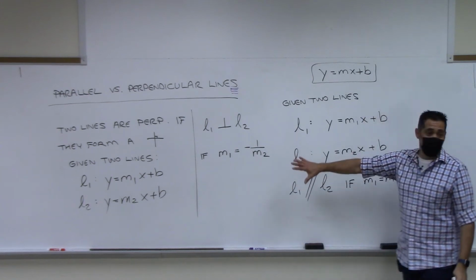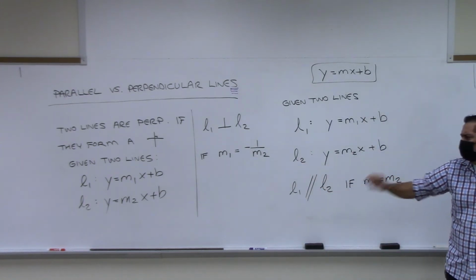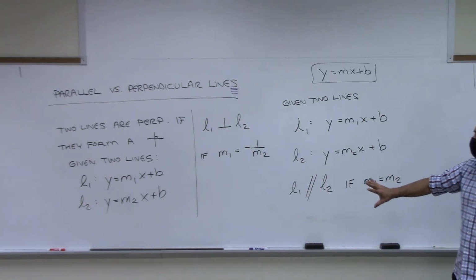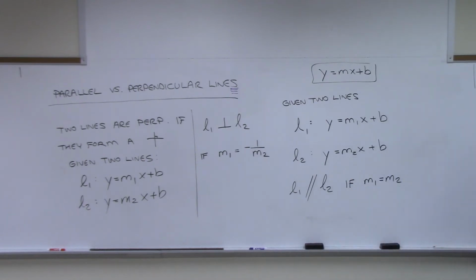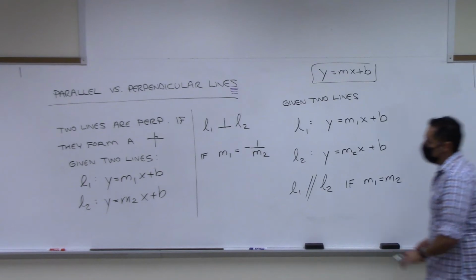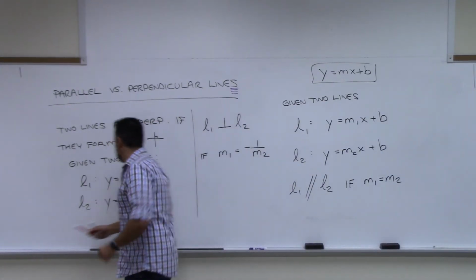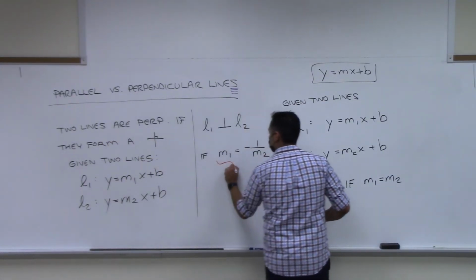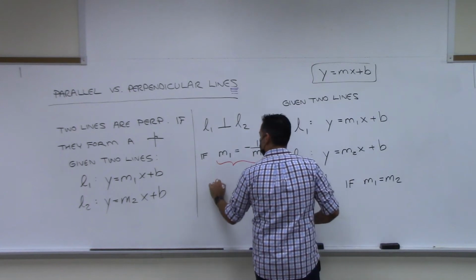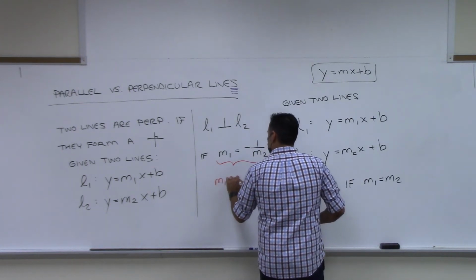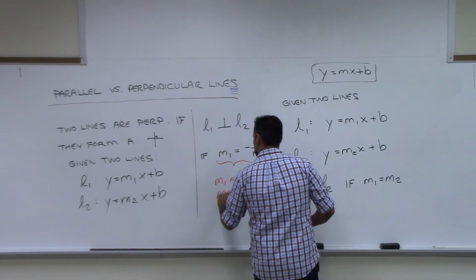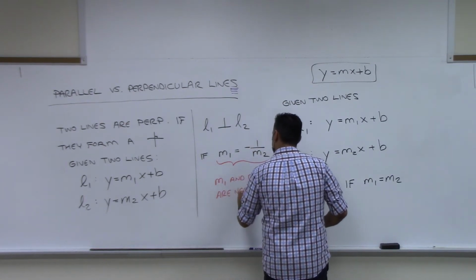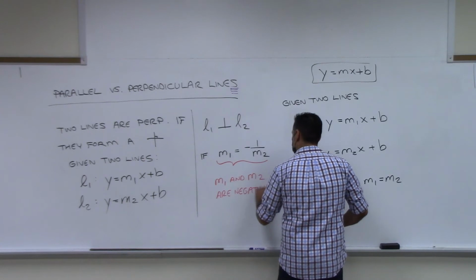Now, that's usually very confusing for students to understand. It's very simple once I explain it to you, okay? What this really means is that M1 and M2 are negative reciprocals.